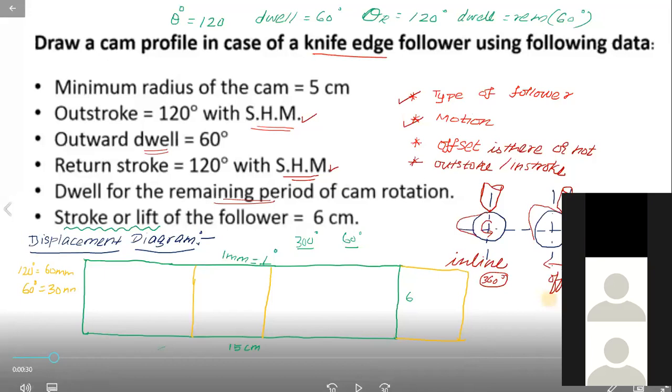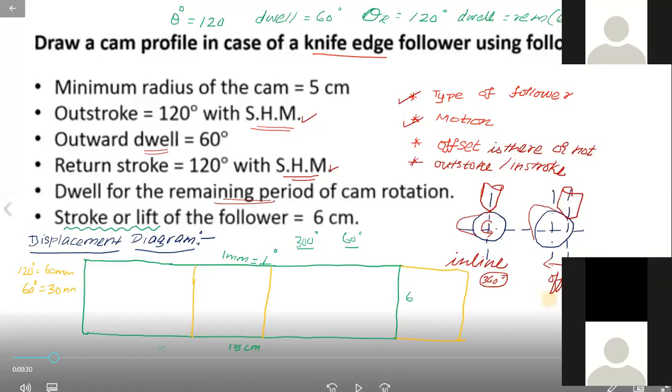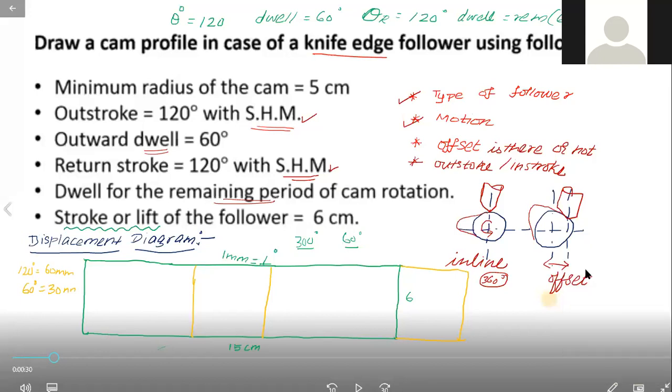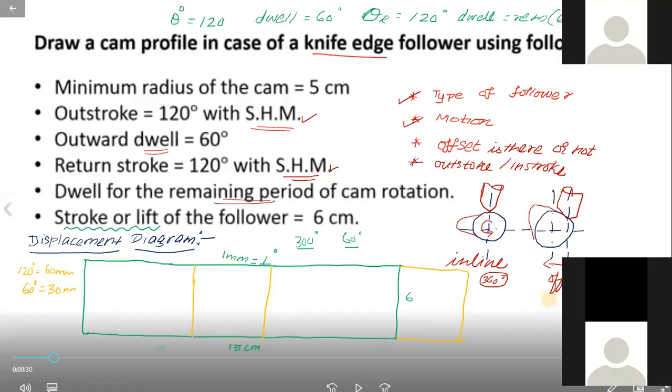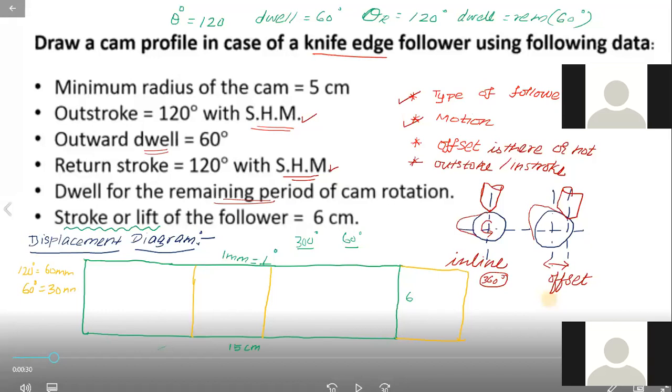So I am now open to everyone. You can show, anyone can show. Sanjit is showing, and it's open to everyone also. Anyone can show your displacement diagram till now. Bhavin.